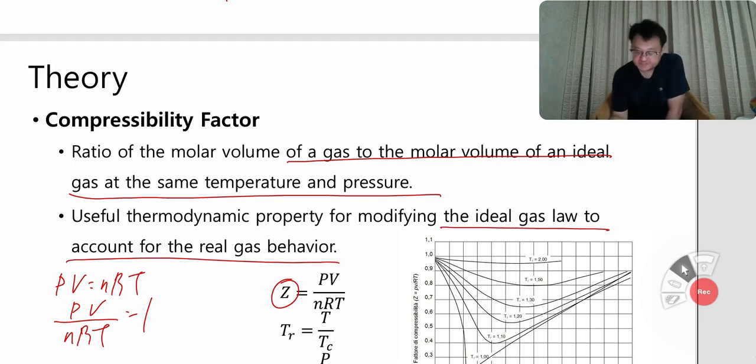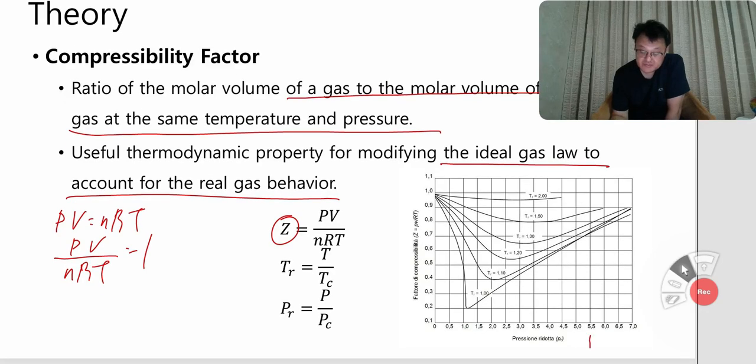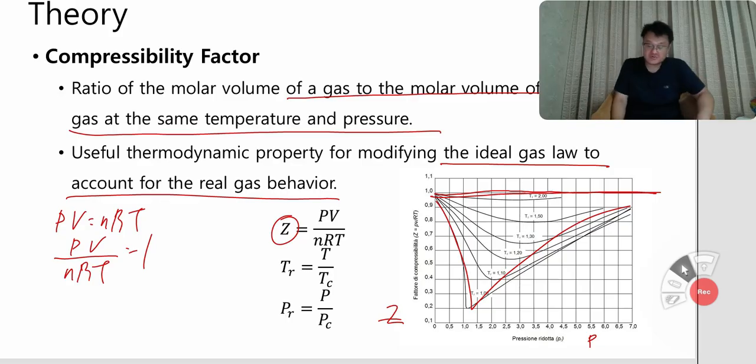It is a useful thermodynamic property for modifying the ideal gas law to account for real gas behavior. So you can see here that as a function of pressure, in principle, according to the ideal gas equation, the value should be 1 over the entire pressure range, but that value actually changes quite a lot as a function of pressure, right? So this is basically deviation from the ideal gas behavior, right?